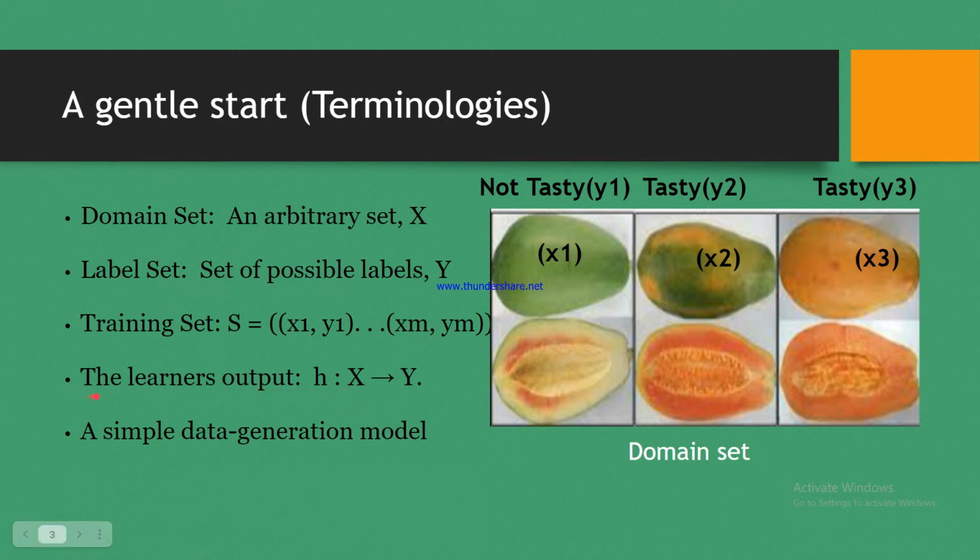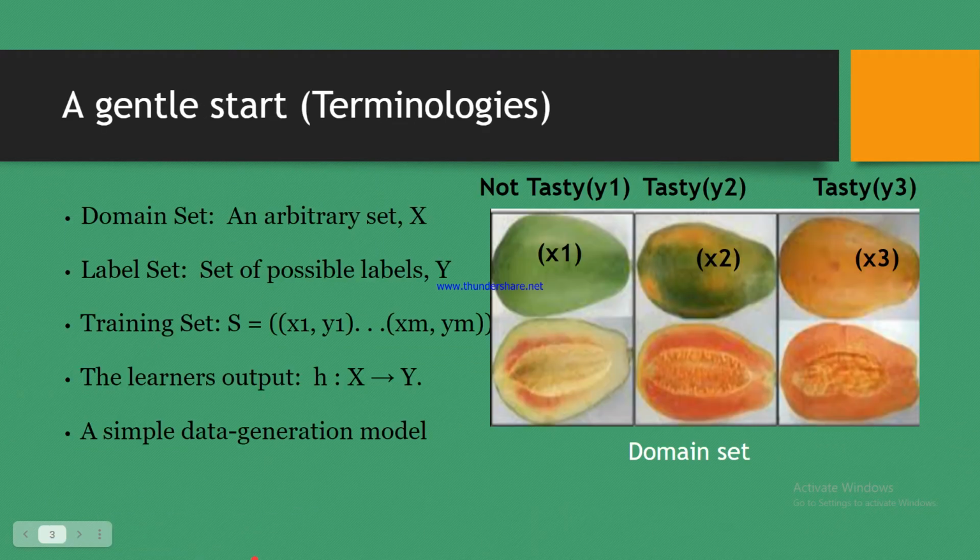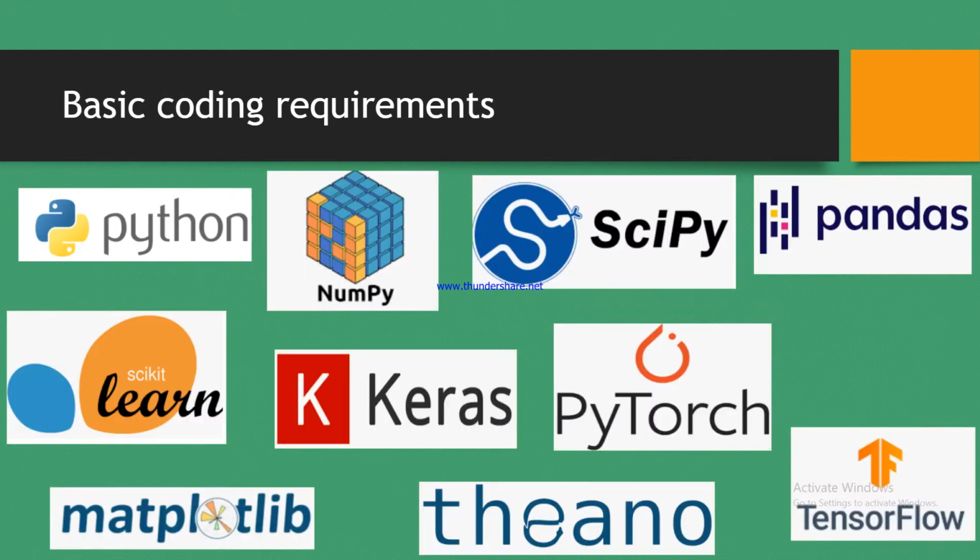The learner's output is a hypothesis that the machine has learned, and it will say whether your example is tasty or not tasty. Any random example, any seen example or unseen example, is tasty or not tasty. So that is the hypothesis. After that, the model is generated after learning this.